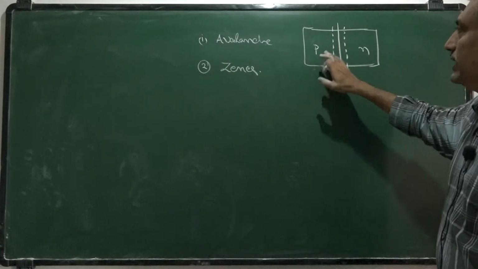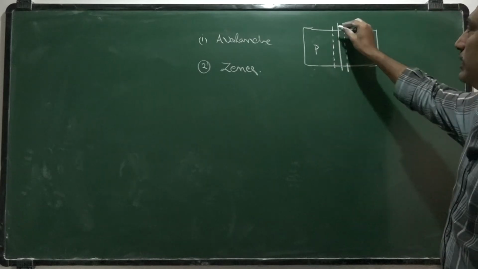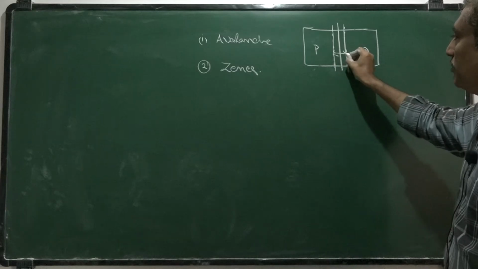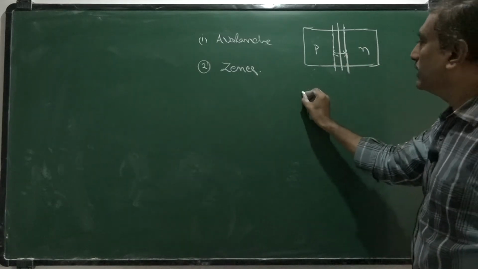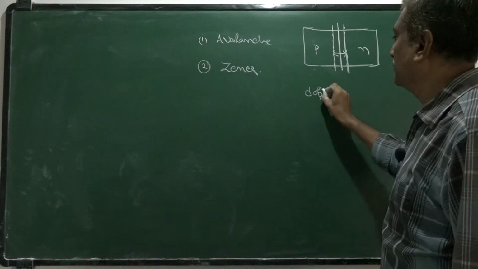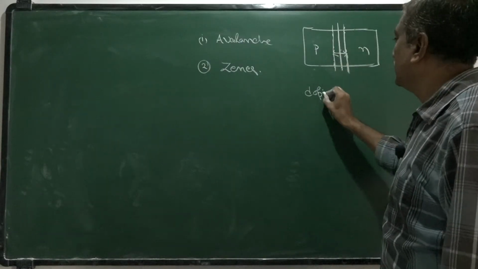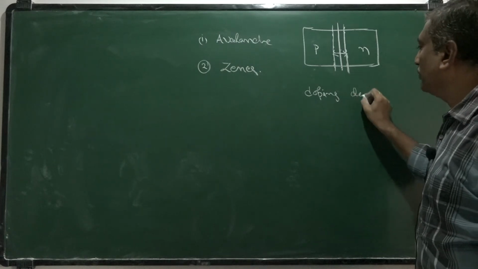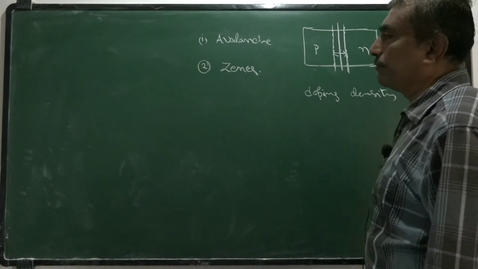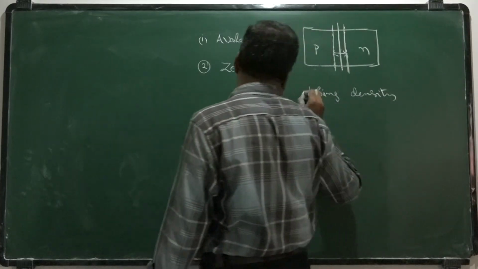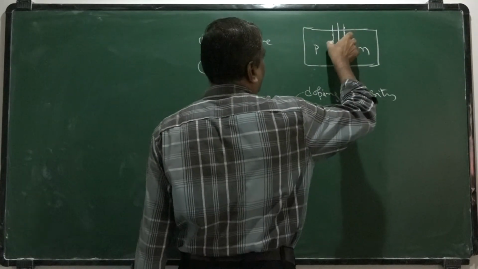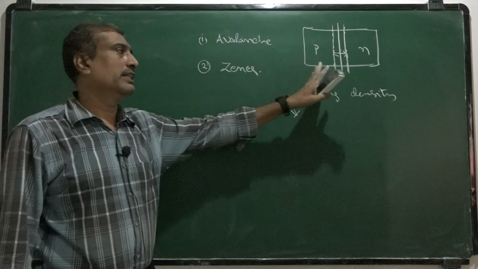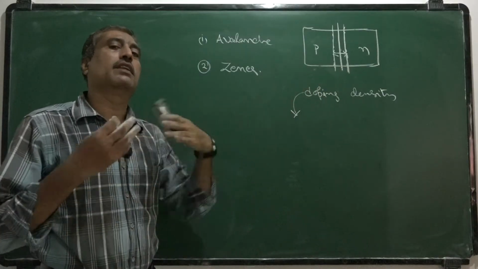As we discussed, the width of the depletion layer depends upon the doping density or doping concentration. Okay. So if the density of doping is less, the width of this depletion layer will be more. If the doping density is large, the width of this layer is small.